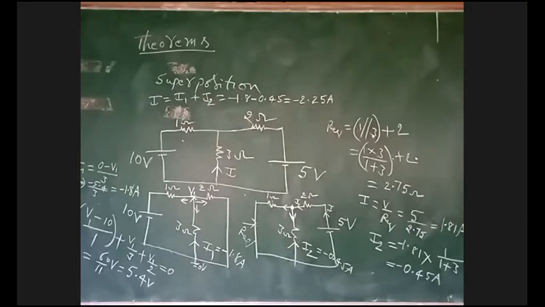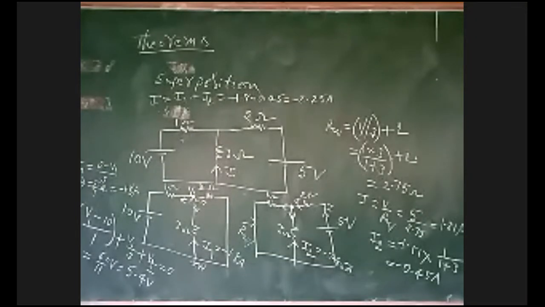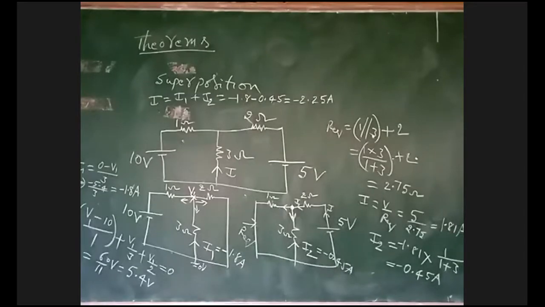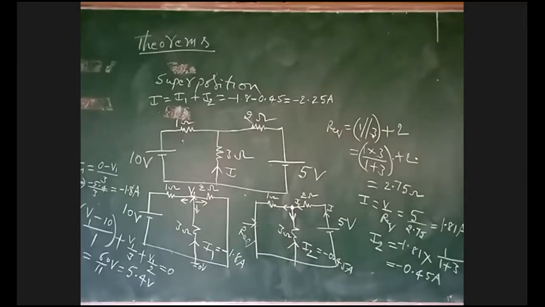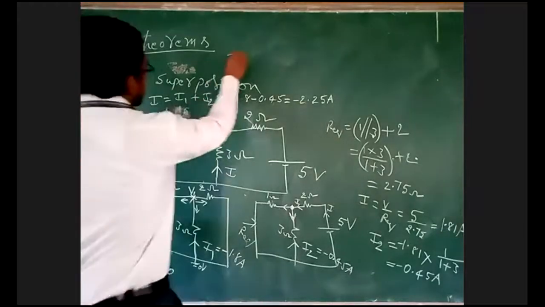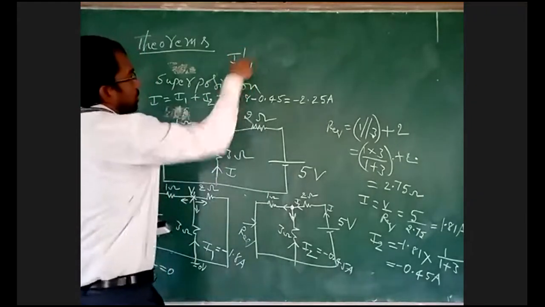What do you mean by a linear network? Anyone? What do you mean by linear? If the power is 1, that is linear. See here, I power 1, V power 1.